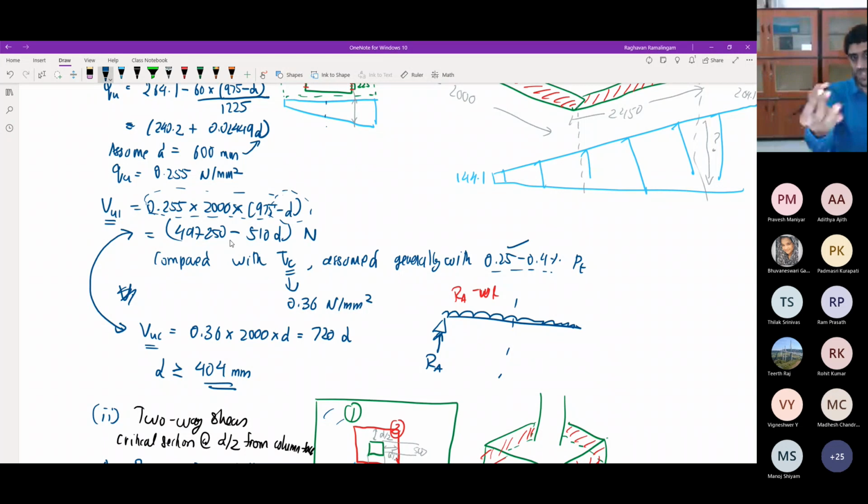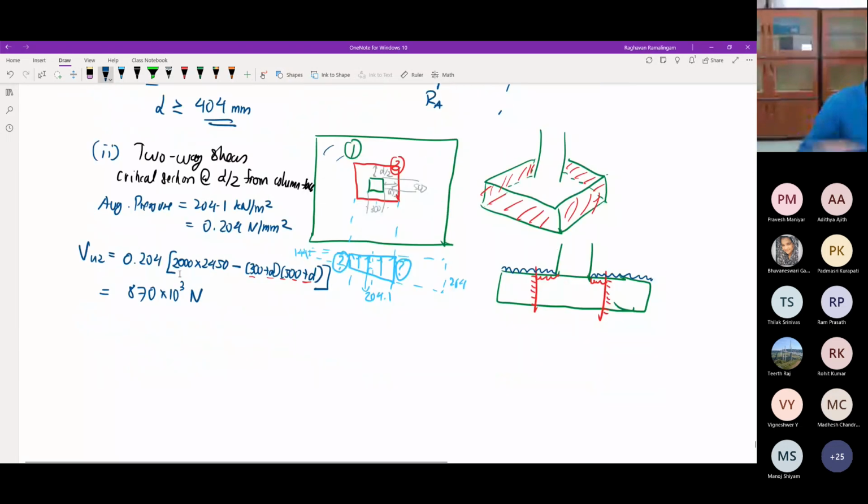We subtract them, get the total shear force on the one-way shear projection, and then compare it with the tau c value. So the same thing has to be repeated in a different fashion for two-way shear. Only thing for two-way shear, there's a slightly extra provision given in IS 456, which says that your tau c for two-way shear can be made as Ks times 0.25 times root fck.